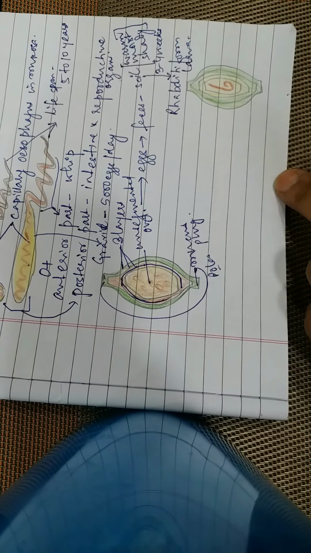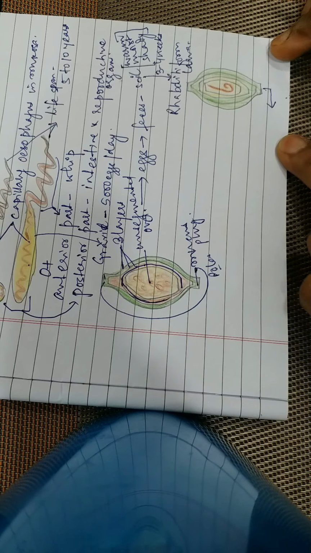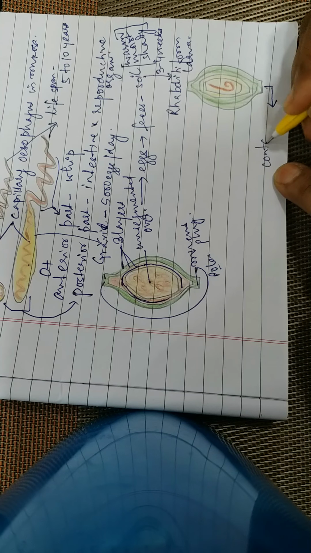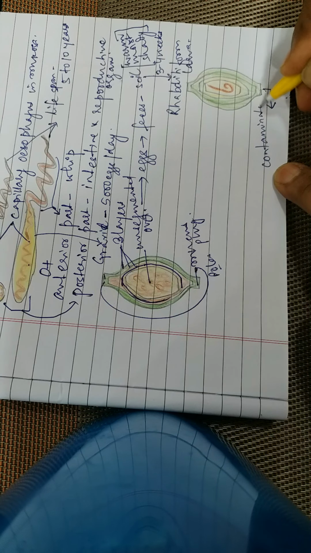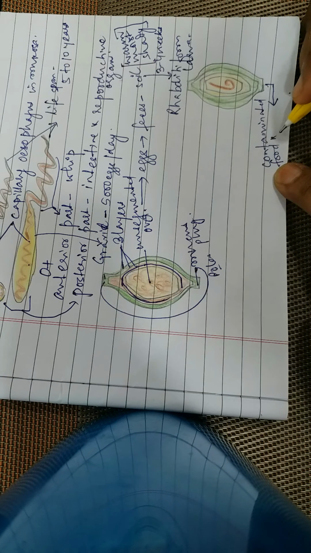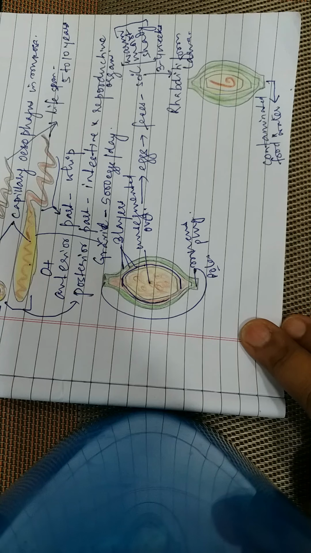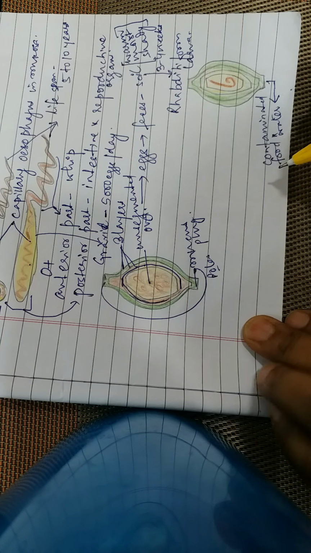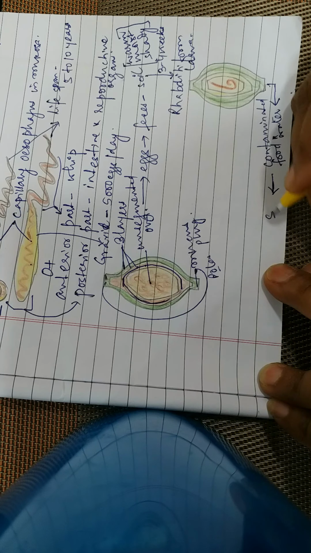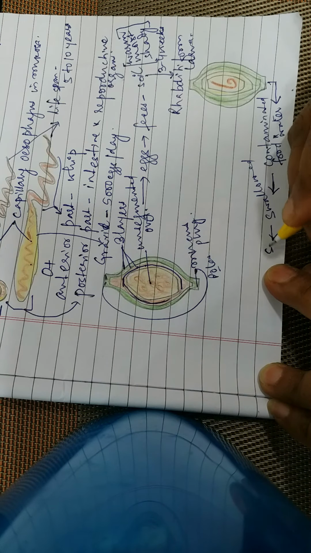If this type of larva mixes with food and water and contaminates it, and any host takes food, water or any ingestibles containing the rhabditiform larva, the infective stage of Trichuris trichiura, it is swallowed and reaches the small intestine.